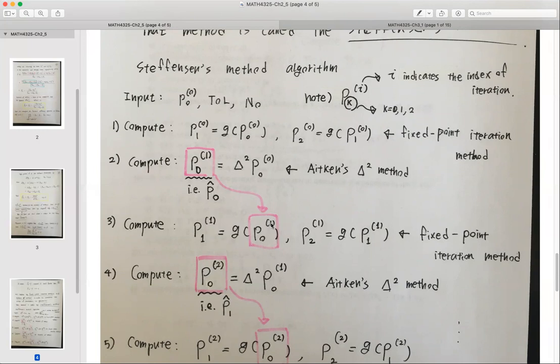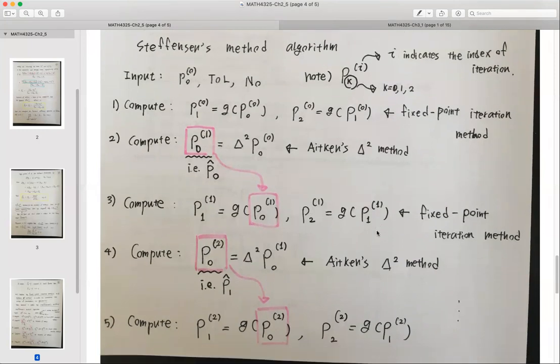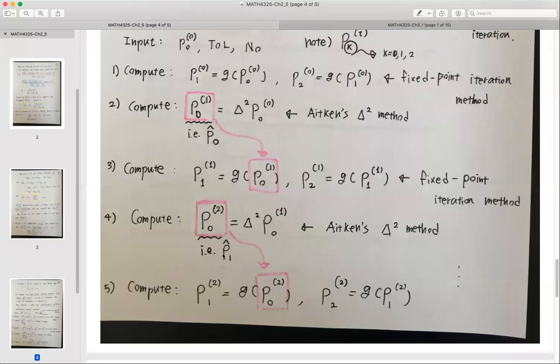And then we calculate P2 using P1, and then we calculate the P1 hat. So we're going to repeat this.